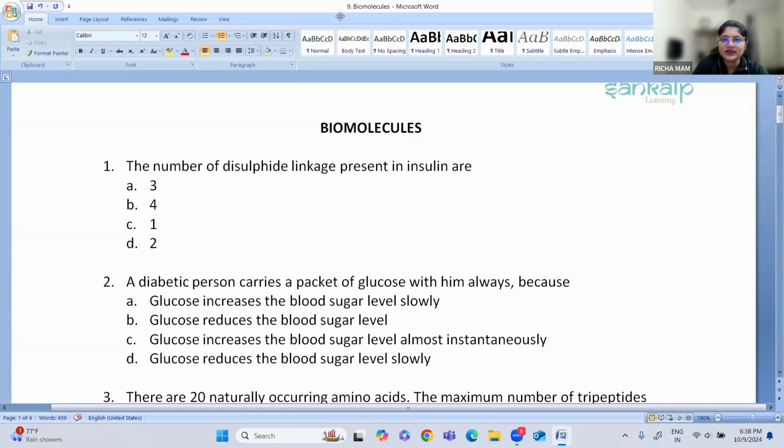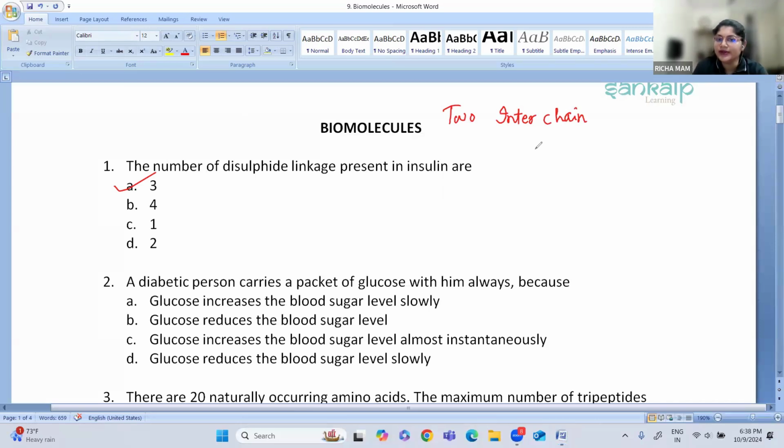When you see the structure of insulin, it consists of 3 disulfide linkages. There are 2 interchain. Interchain means between different molecules.